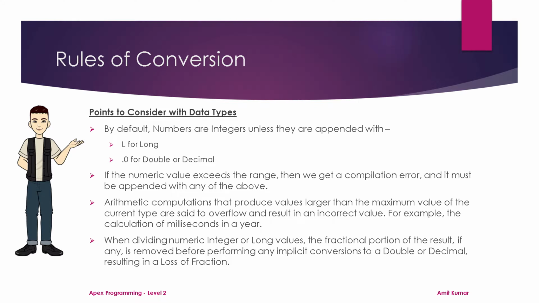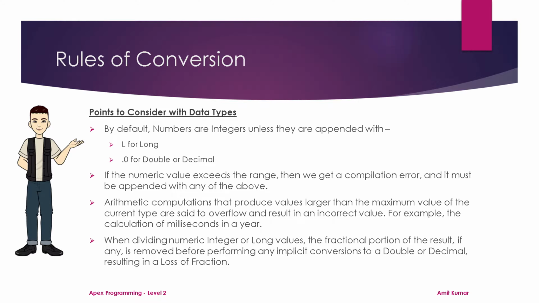When dividing numeric, integer, or long values, the fractional portion of the result, if any exists, is removed before performing any implicit conversion to a double or decimal, which results in a loss of fraction. So suppose you are doing some sort of division with integer values. When both the values are integers, the result will be an integer only. But if you assign it to a decimal or a double, assuming that the result will be a double, then that's completely wrong.